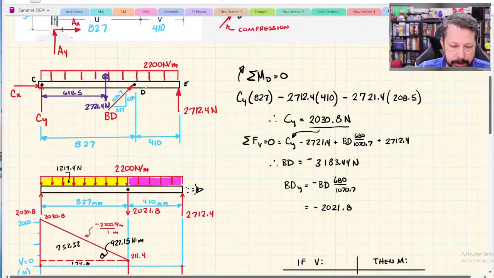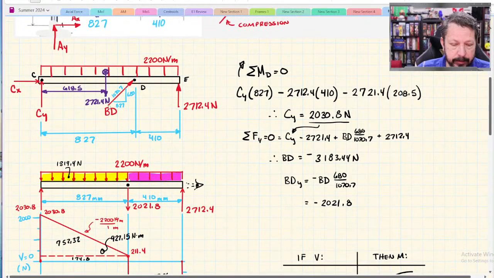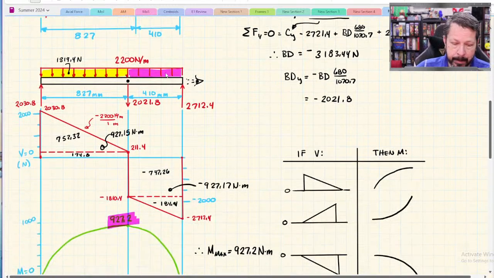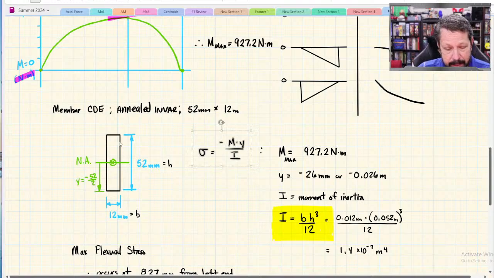So we had solved this beam. Actually, this was a piece of a frame, and then we figured out the forces that were acting on the frame. We only considered the y direction forces because the x was doing a different thing. It wasn't flexing the beam. Then we drew the shear and bending diagram, and then we said we want to find the maximum flexural stress, and we said that the beam was this little rectangle.